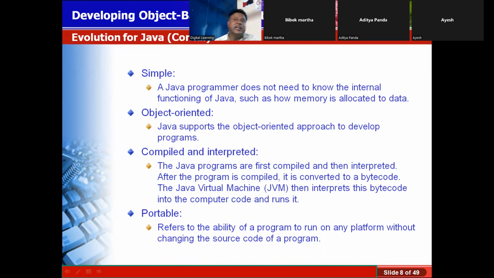Suppose you have 100 lines of code, and the interpreter is checking, and it comes to line number 99. When it comes to line 99, at that time there is an error, then the interpreter goes to the beginning.